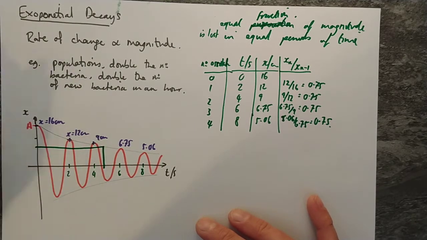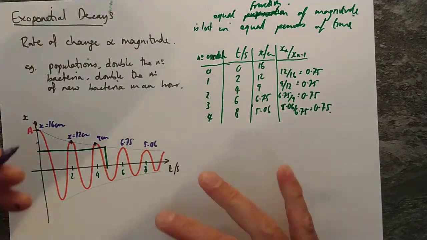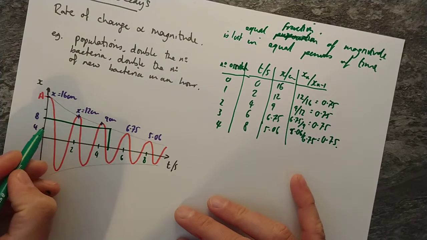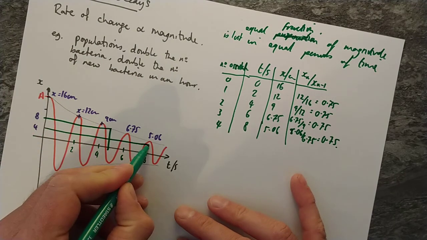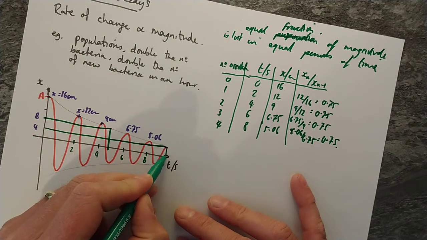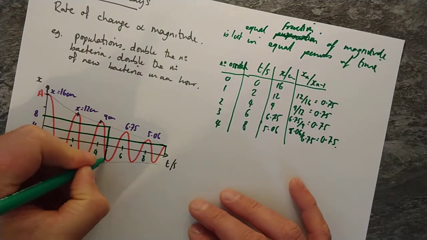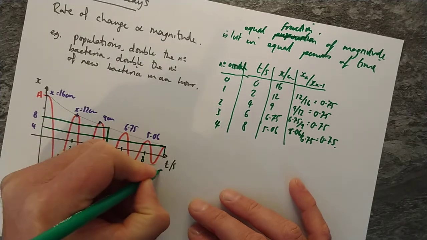And then we look at how long it takes to go to 4, and that is going to be about 9 there. So if that is 4.5, we'd expect that to be 9.